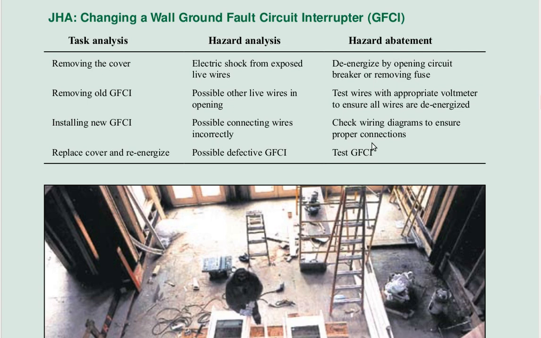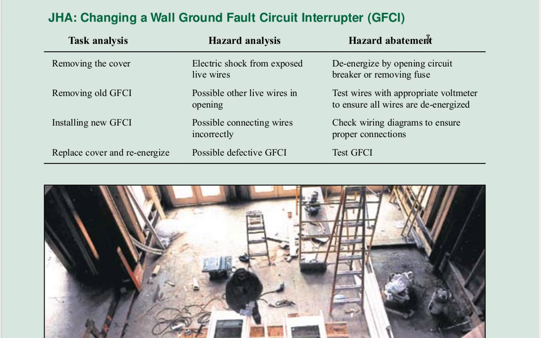Now, a GFCI, ground fault circuit interrupter, is a plug that detects the difference between the current going out and the current going back in. The current going out to the appliance must be the same as the current coming back in.